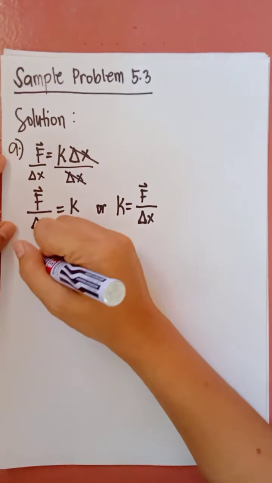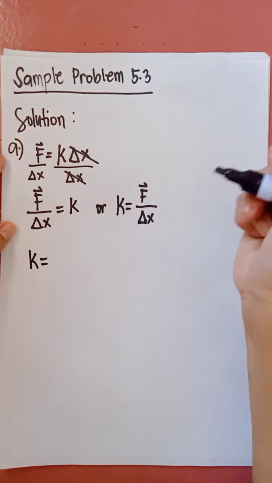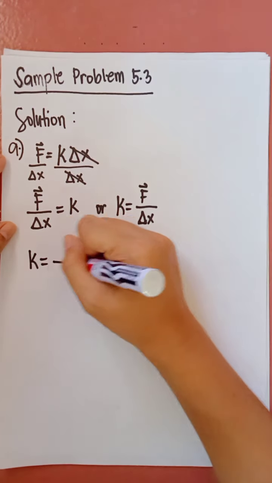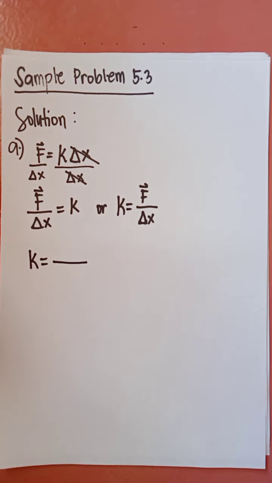Right, so now K is equal to, F is equal to 54 newtons. Since we are talking about compression here, that means F becomes negative. How does it become negative?